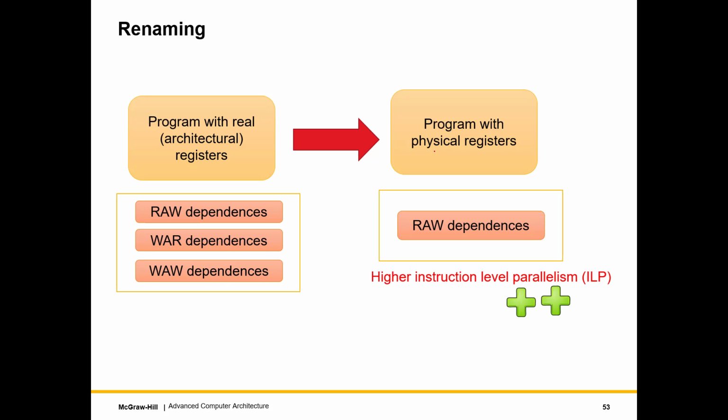So what does renaming actually do? Well, it takes a program with real architectural registers that have three kinds of dependencies: read after write dependencies, write after read dependencies, and write after write dependencies. The process of renaming is automatically done inside the processor, and nobody can see what's happening, neither the programmer nor the compiler.